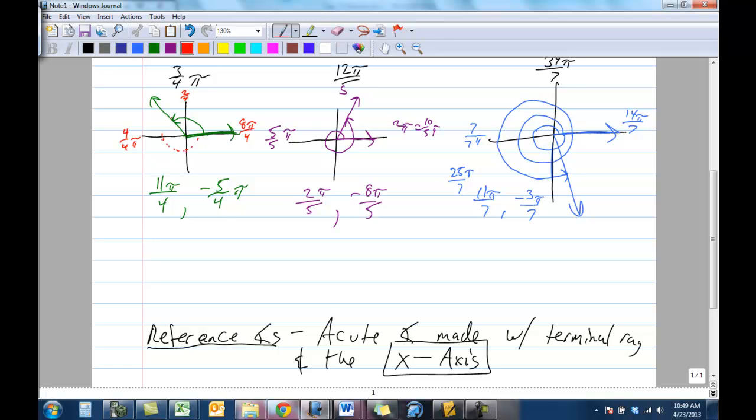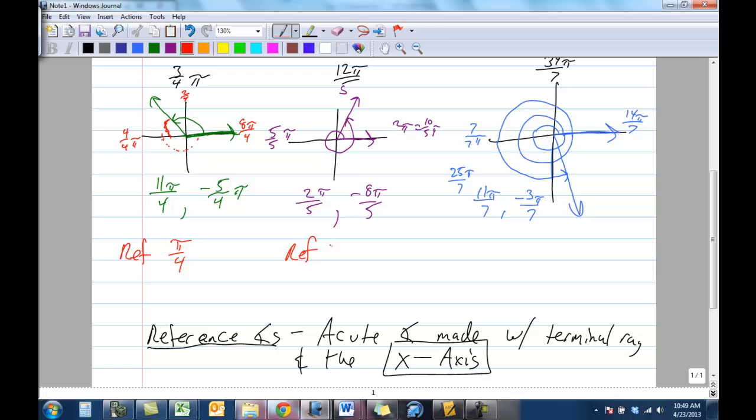So we made it halfway between the half and 1, right? So, this is our acute right here. If we went half and then a quarter more, what is the reference? It'll be 1 pi fourth. That's our reference.